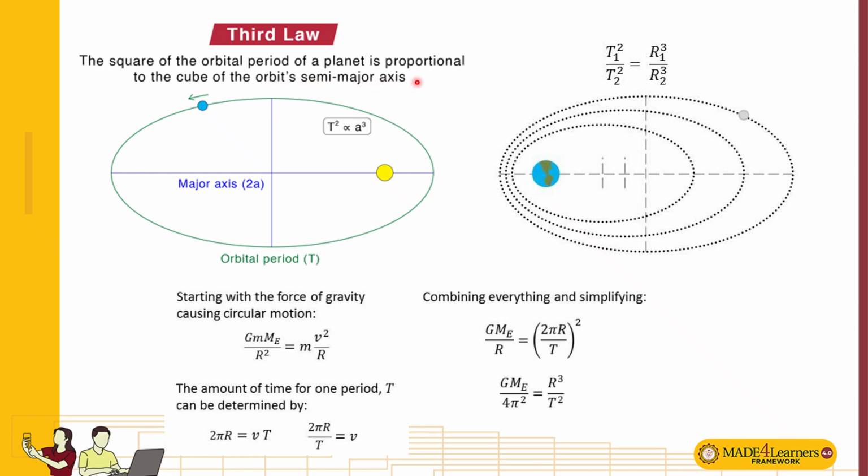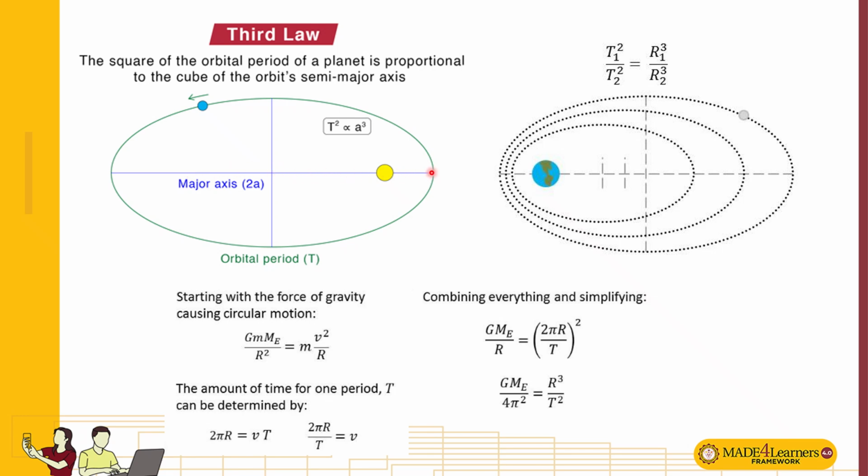So if this is the planet, the square of the time it takes to make one full rotation around the sun is proportional to the cube of the orbit's semi-major axis. If this is the major axis, then half of it is the semi-major axis.